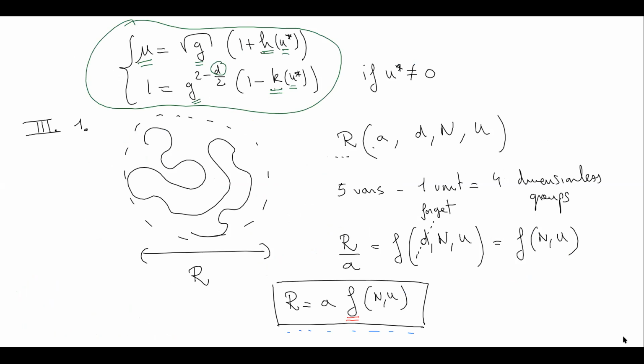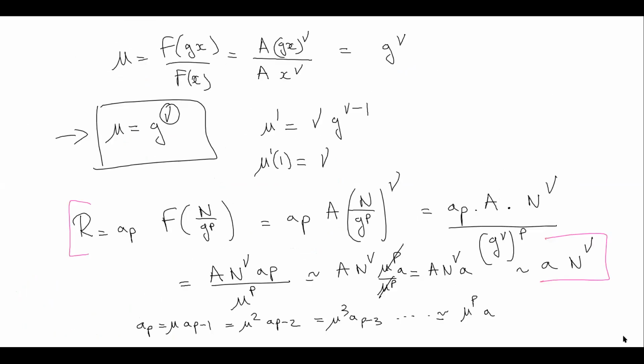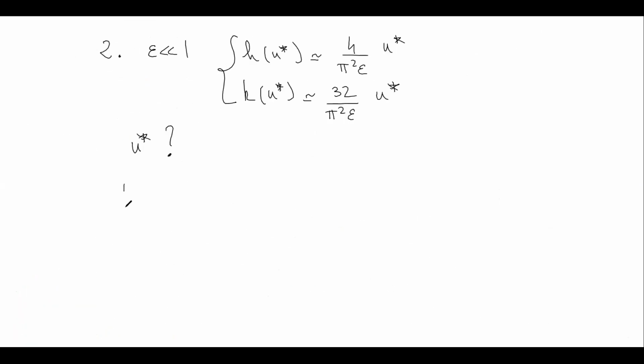Okay, so let us rewrite this equation. 1 is equal to G to the power 2 minus D over 2, times 1 minus K of U star. The good thing is that I know K of U star because it's here now.